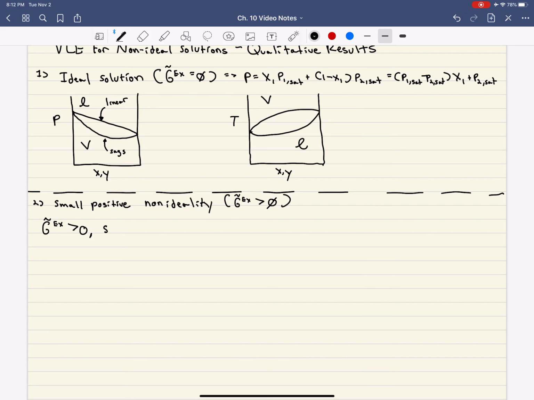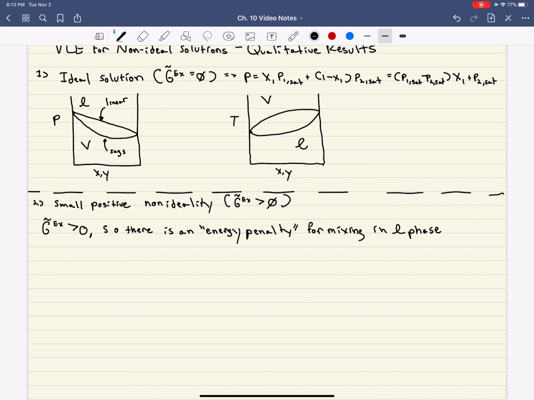Okay? And so if G excess is greater than 0, what happens is there is what we call an energy penalty for mixing in the liquid phase. Right? The two components in our mixture, when they're in the liquid phase, actually don't really like mixing together that much, either due to differences in molecular interactions or differences in sizes.